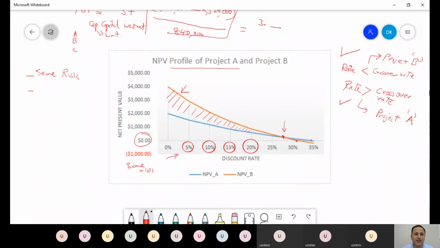And if I then rank the projects, it may look like this, B, C, A. So in this particular question, one of the assumptions was same risk, and the other assumption is that there is no capital rationing, because we did not put any limit on the capital. And as we saw in one of my lectures, if you put restrictions on the capital, then sometimes, not always, it changes the whole story. It changes the project ranking.